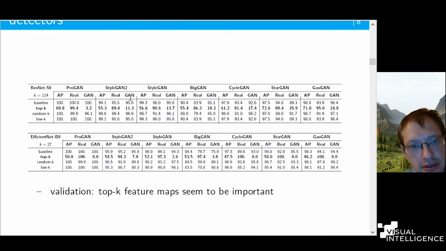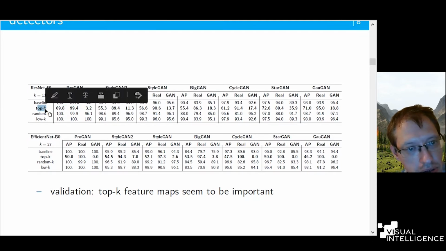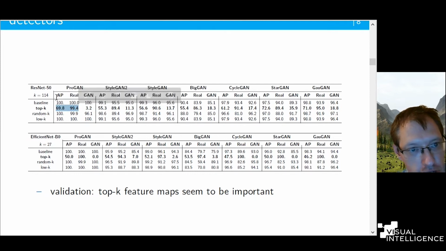So there are always 3 columns: average precision, real image performance, GAN performance. Baseline is the neural network as it is, and the neural network was trained on ProGAN, so you have very, very good detection here. Then we do a dropout of the top K channels, meaning these 114 channels found by LRP, and we measure the detection performance.